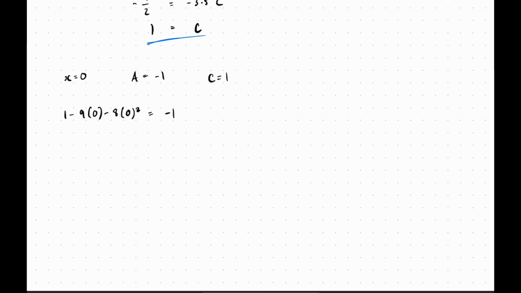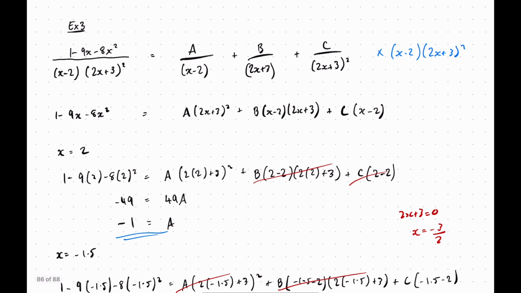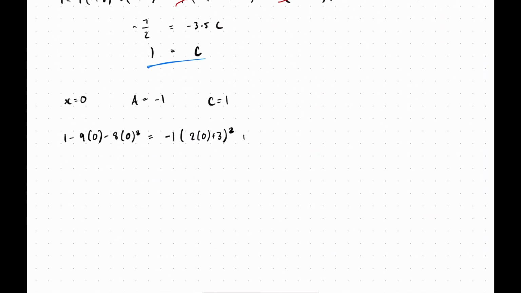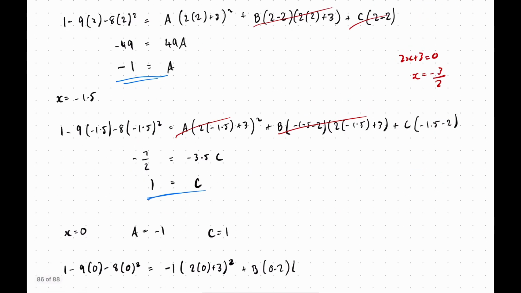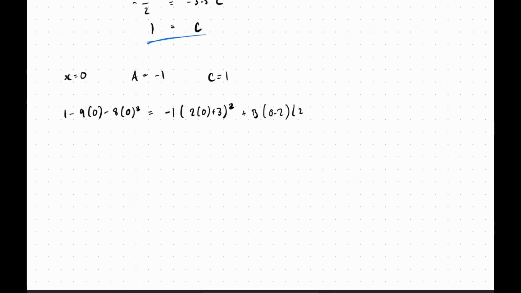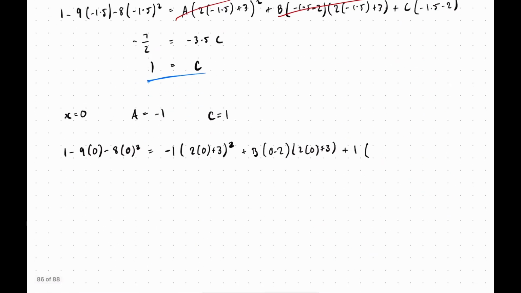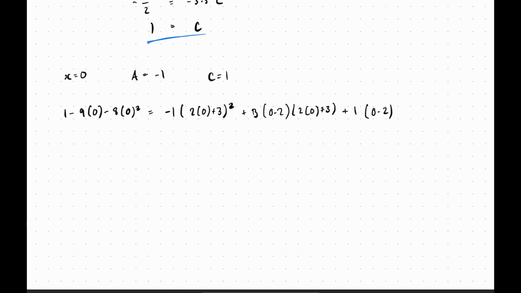So minus 1 lots of 2 lots of 0 plus 3 squared, plus b. I don't know b. 0 minus 2 times 2 lots of 0 plus 3, plus c, which is 1, plus 1 lot of, I think that's just x minus 2, so 0 minus 2.